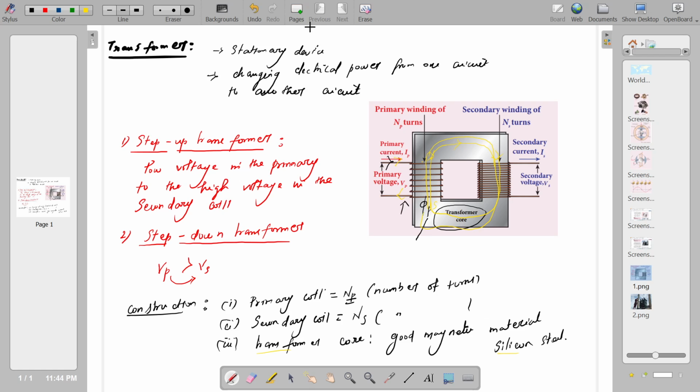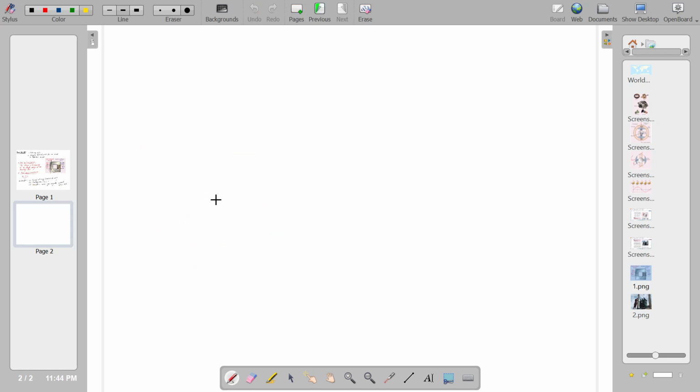Now we will see the working principle of this transformer. So first we will see the principle. One can ask what is the principle.